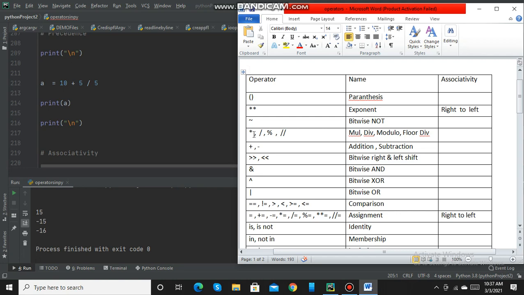And the operators in the same row have the same level of precedence. They have the same priority. So plus and minus have the same priority. Similarly, multiplication, division, modulus and floor division have the same priority.